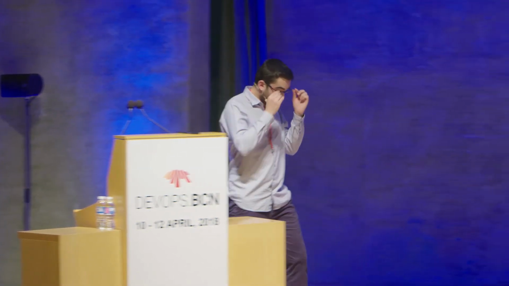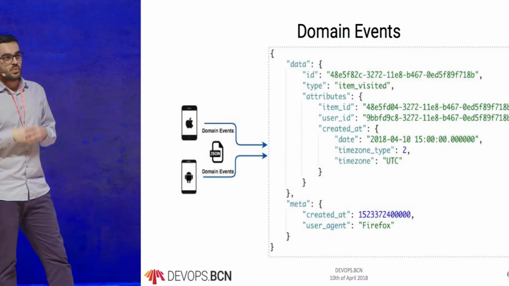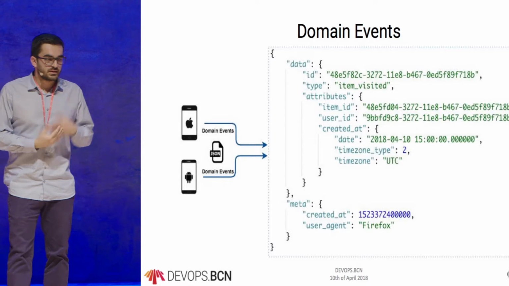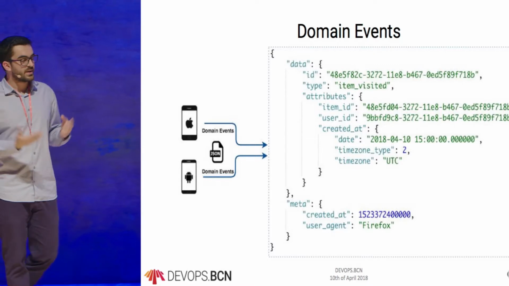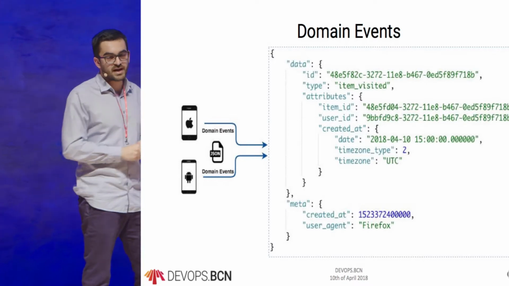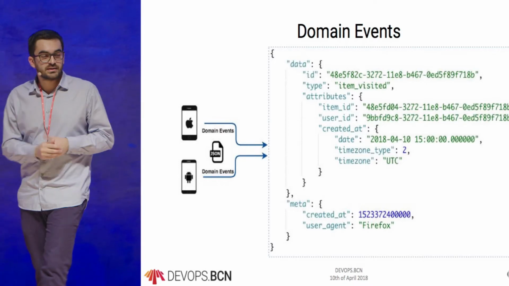So, domain events. Our domain events look like this. We have lots of mobile applications. We can have a web page. We can have an e-commerce store. Whatever event the clients do, we want to capture all of them. In our case, we are going to have this domain event with some attributes: the type of the event, ID of the event, user ID, item ID.